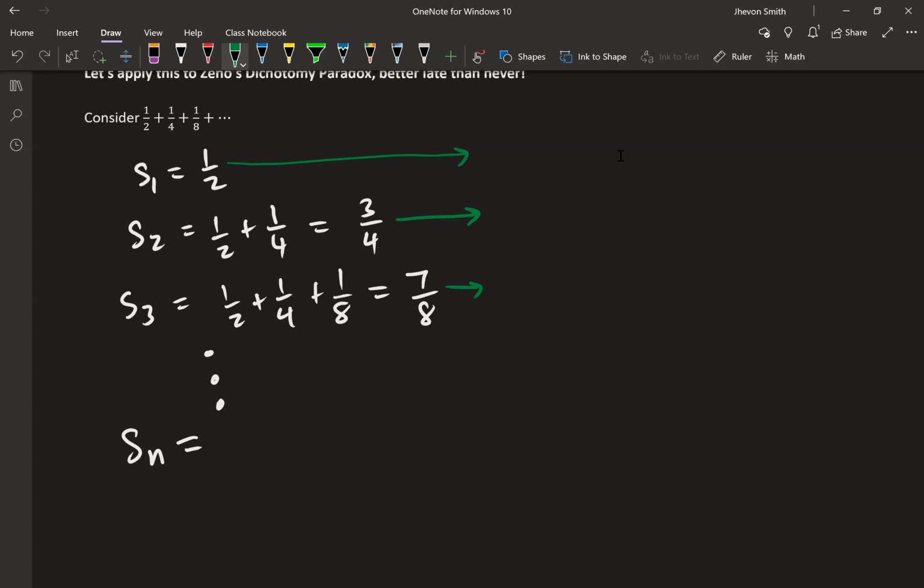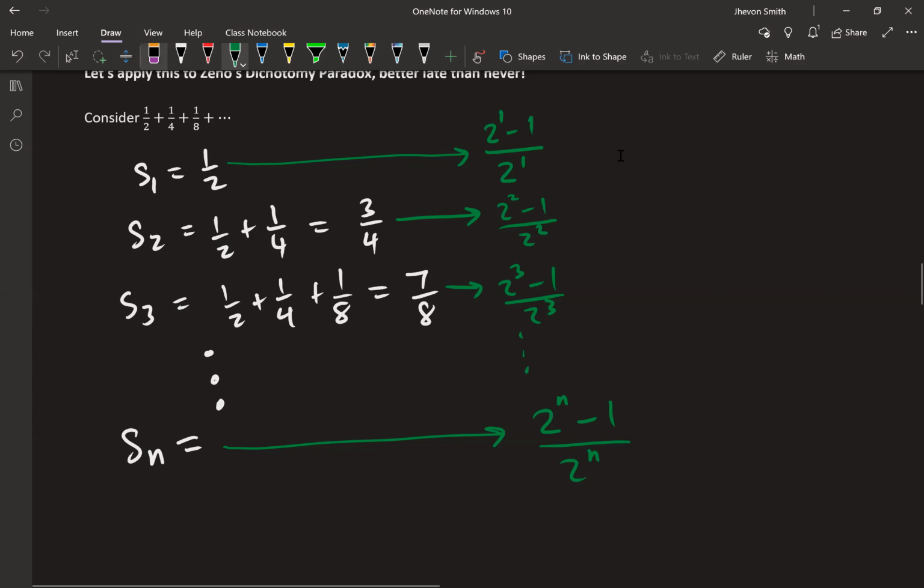Here's what you should notice. The denominators always look like 2 to a power, and the numerator is always 1 less. This here is 2 to the power 2 minus 1 over 2 to the power 2. This here is 2 to the power 3 minus 1 over 2 to the power 3. And so on. In fact, S_n is going to look like 2 to the power n minus 1 over 2 to the power n. You can actually figure that out.